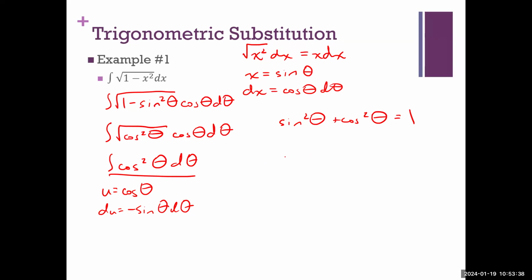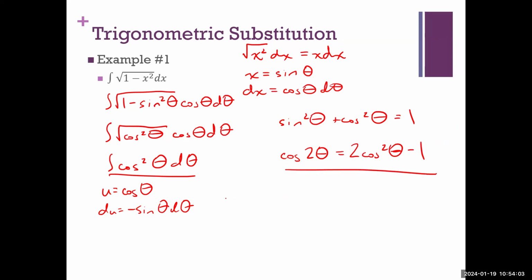But what I can do is this. I know these double angle identities, which I hope you wrote down. I'll write down the one that involves cosine squared without sine squared, which is 2 cosine squared of theta minus 1. So I'm going to use this identity here.